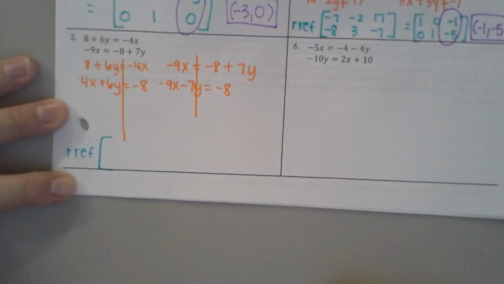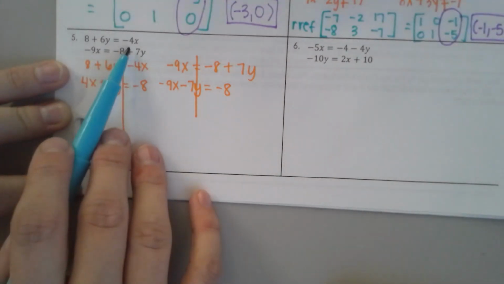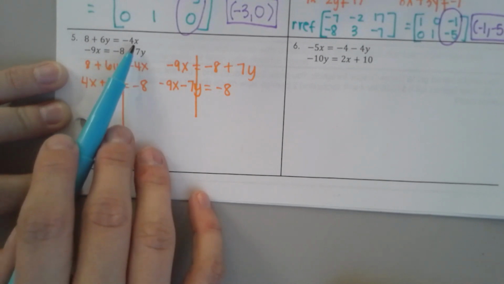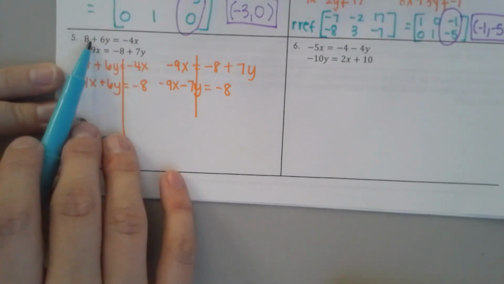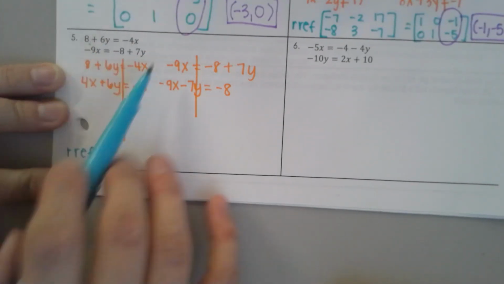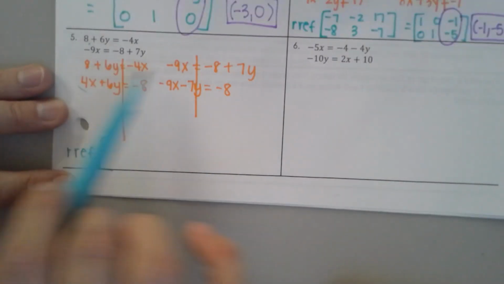Could you just take the negative 4x and put it in front of it? It's a positive 4x. Could you just move them and not have to do all that extra work? If you just know that it's going to become a positive 4x, you can. I want to see that you've moved the equation around, but you don't have to show every single step.